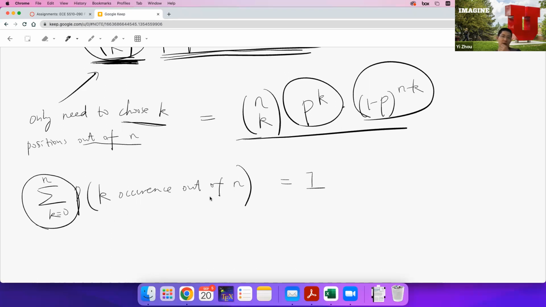Out of N flips of coins, how many heads can you observe? Either 0 heads, or 1 head, or up to N heads. Those are all the possible outcomes, so when you sum them up, you must get probability 1, because that covers every possible case.